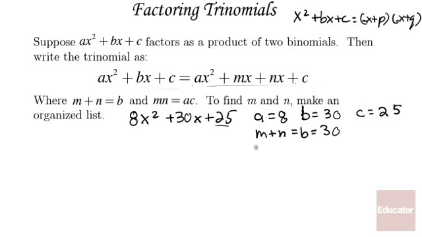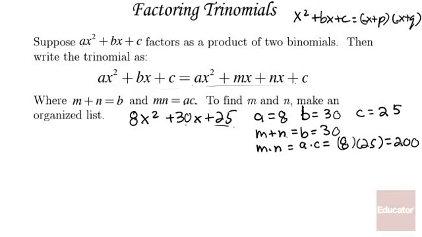So that tells me that m times n equals a times c, which equals 8 times 25, which equals 200. Okay, so again, find a, b, and c. Then recall that m plus n equals b, in this case 30. M times n equals a times c, which in this case is 200.